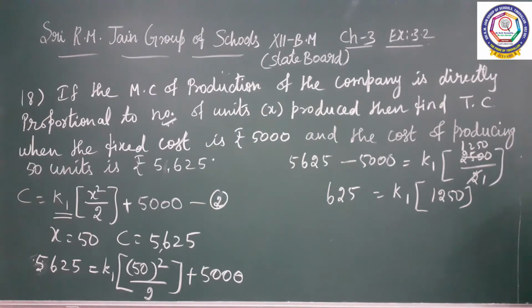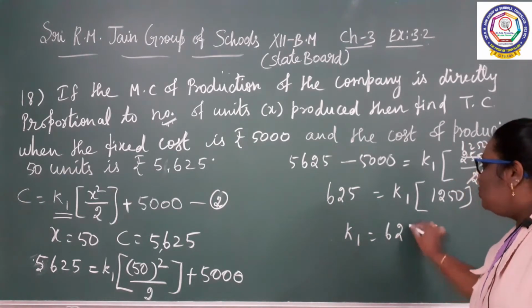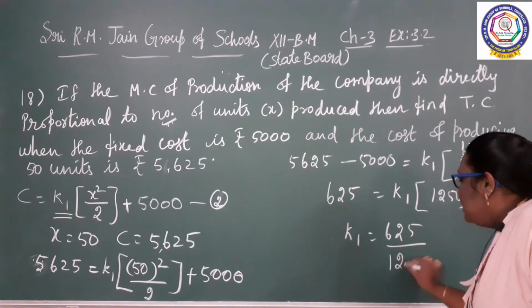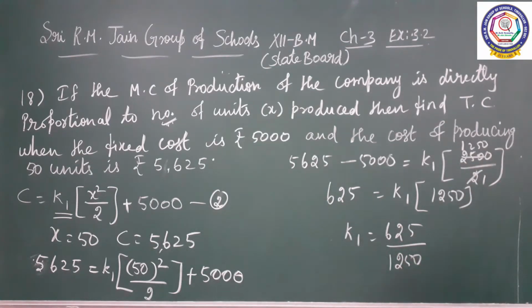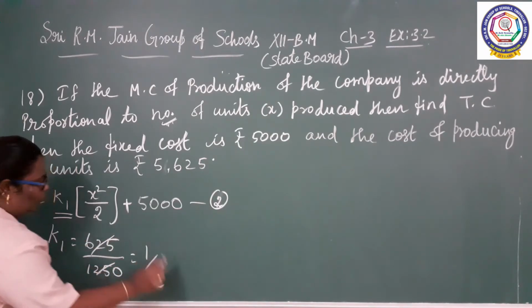So K1 equal to 625 by 1,250. You cancel that term. It gives 1 by 2.